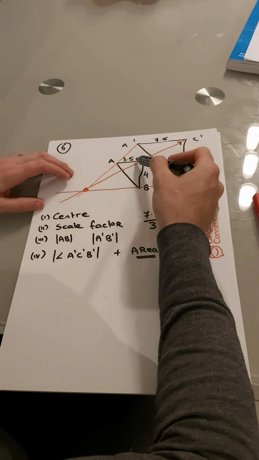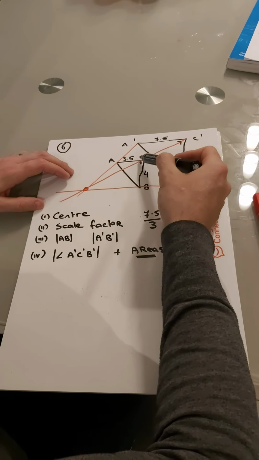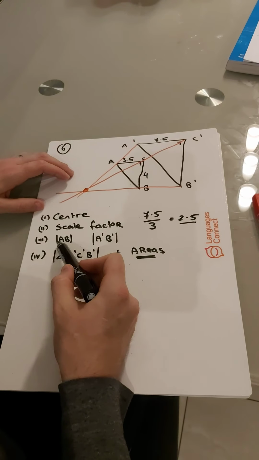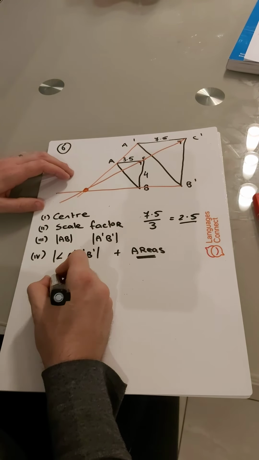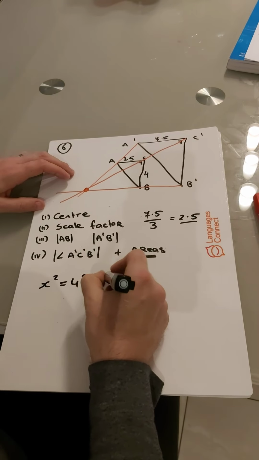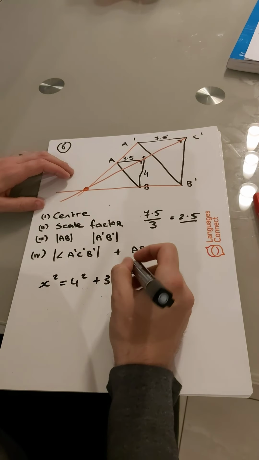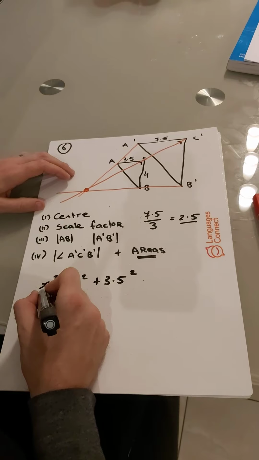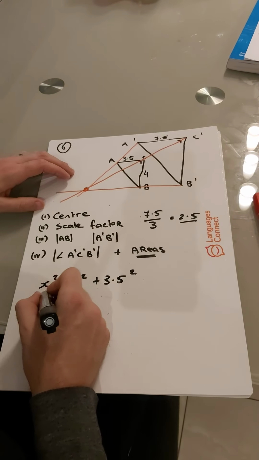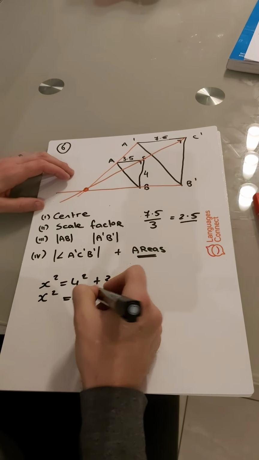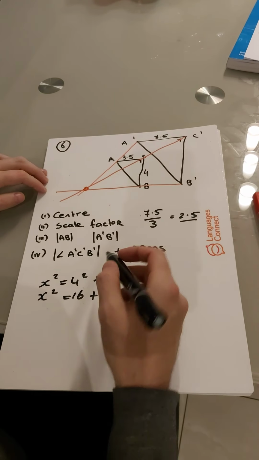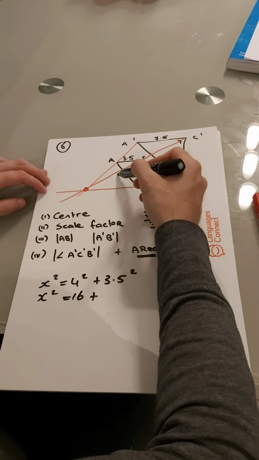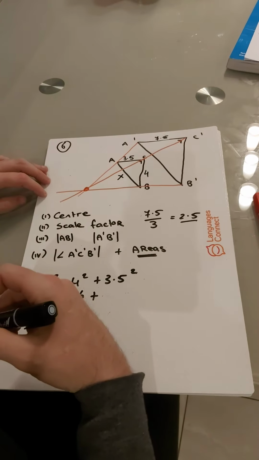Don't forget the basics. This is a right angle triangle. So to find AB, we can use Pythagoras' theorem. So x squared is equal to 4 squared plus 3.5 squared. And that gives us x squared is equal to 16 plus, I don't have my calculator on me, my phone is recording, but you get the gist of it, and what we end up with is that there, using Pythagoras' theorem.